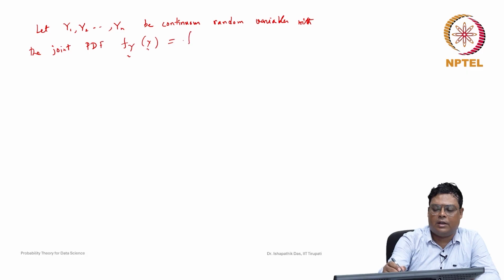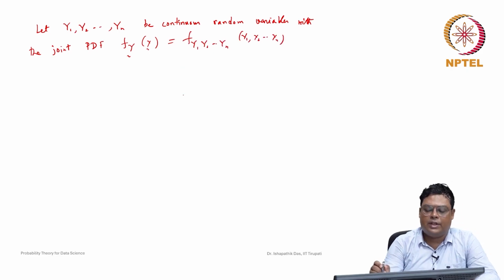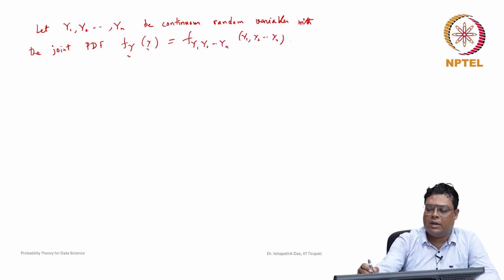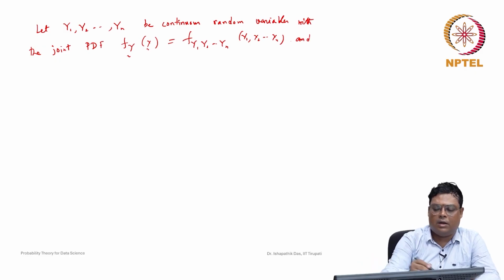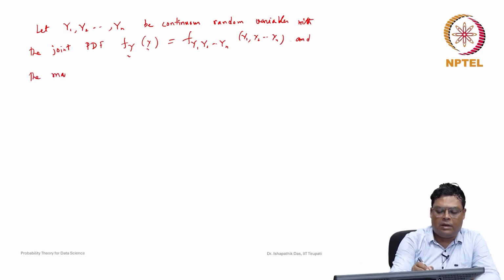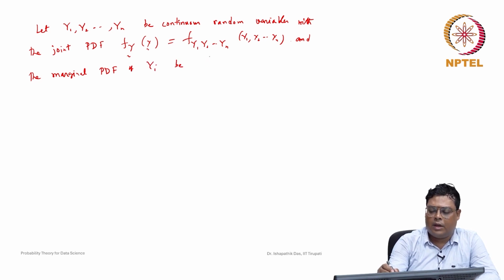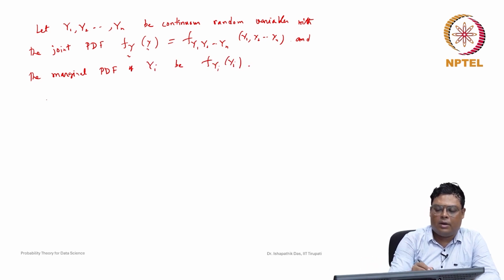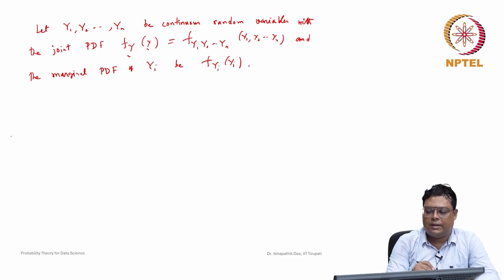So basically we can explicitly write f(y1, y2, ..., yn). So this is the joint probability density function, and let the marginal probability density function of Yi be f of yi. Okay, so this is the assumption that they have a joint density.